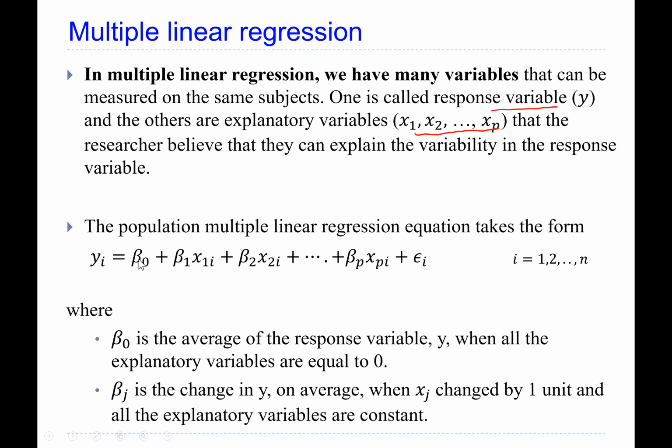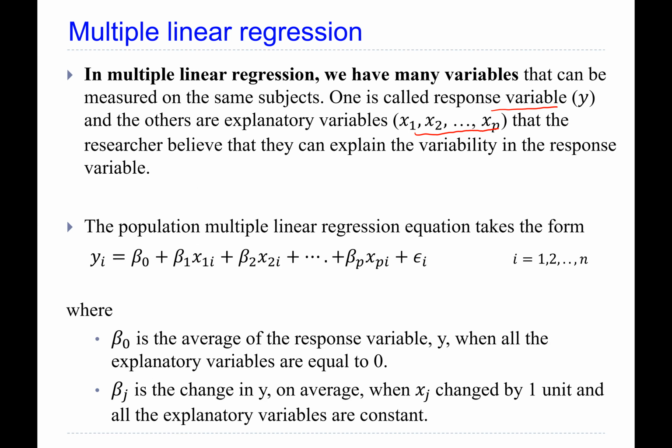So what is the meaning of beta 0? Beta 0 is the average of the response variable Y when all the explanatory variables are 0. If you plug in X1 is 0, X2 is 0, up to XP is 0, you will find Y equal beta 0 on average. And what is the meaning of beta J in general, like beta 1, beta 2, and so on up to beta P?